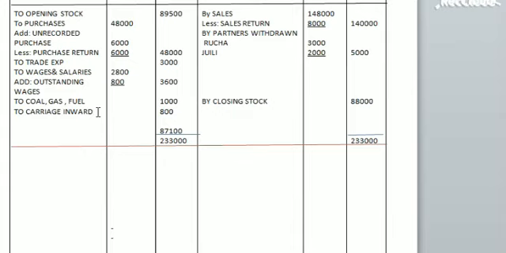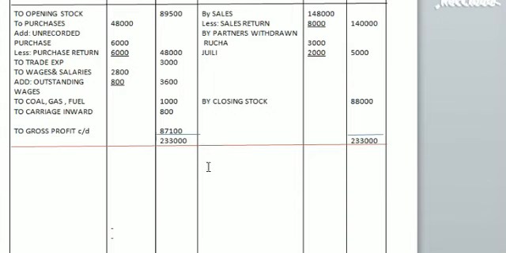Here we are going to write, To Gross Profit C/D, that is carried down.